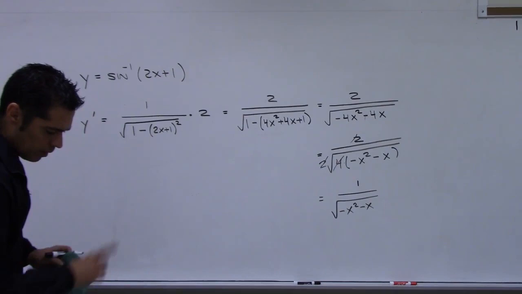Oh yeah, this is going to be a mess. All right, let's go for it. Sorry, this should be y equals. Yeah, y equals. All right, so let's take the derivative.